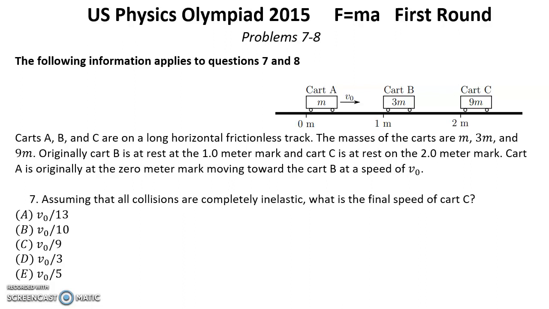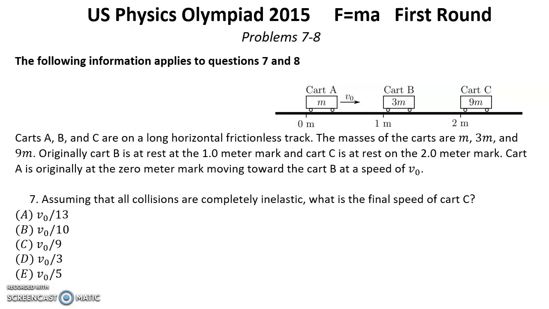Question 7. Assuming that all collisions are completely inelastic, what is the final speed of cart C? Solution. Because all collisions are inelastic, finally all these three carts will move together, and cart C will move with the velocity of the center of mass of the total system.